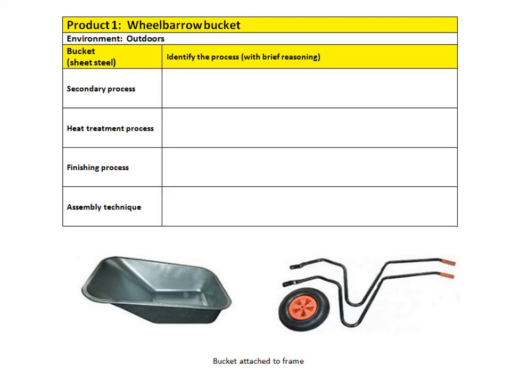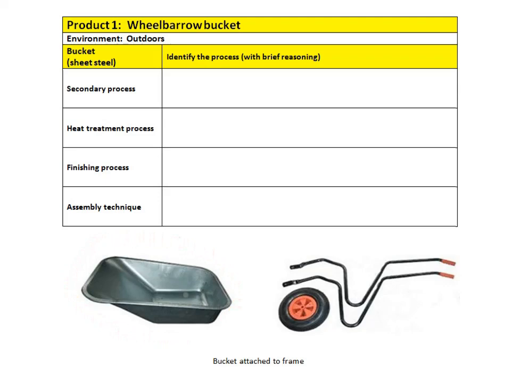So I'm going to ask you what the secondary process will be, then the heat treatment process, the finishing process, and then finally the assembly technique. So these ones here, the first 3, are going to be based on the left hand picture. This is the product I'm asking you about.